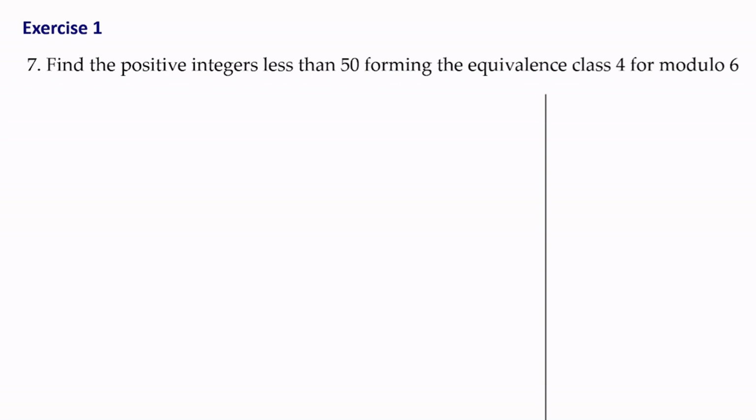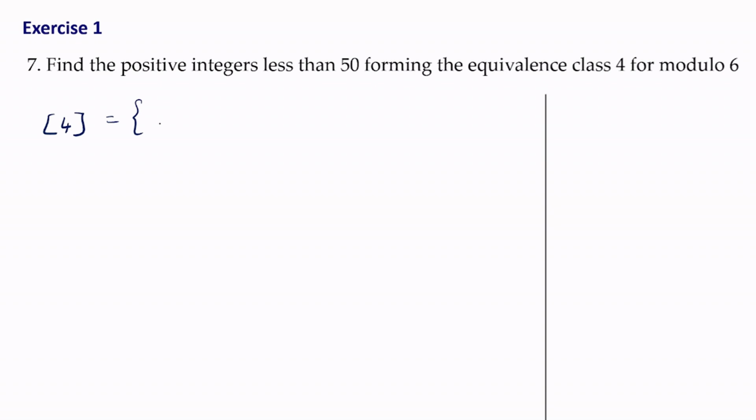Moving on to the next question. Find the positive integers less than 50 forming the equivalence class 4 for modulo 6. So we have to find all those positive integers which are less than 50 and which form the equivalence class of 4 for modulo 6.